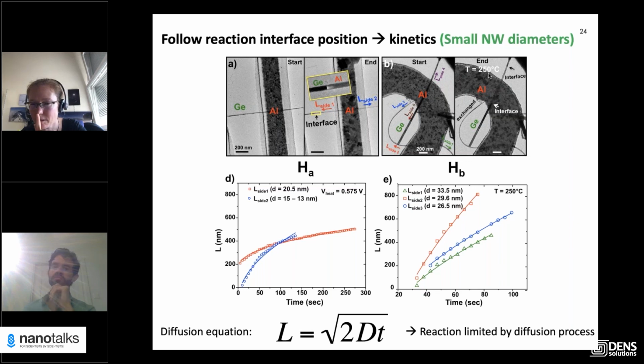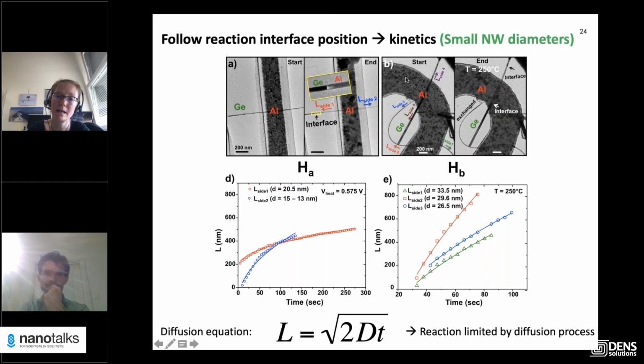The second part of the question was, what is the driving force for it, and why exactly aluminium replaces germanium in the nanowire? Yes. So what we think is that the driving force is that the germanium can lower its energy by going into this aluminium strip, sitting at surfaces and grain boundaries.